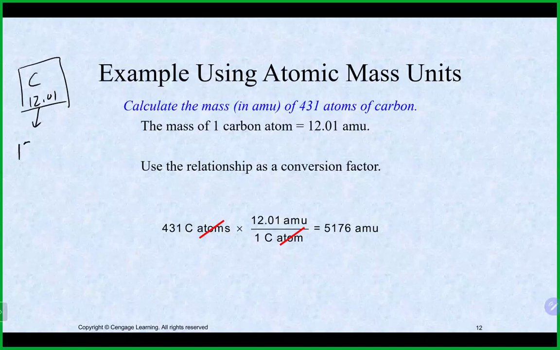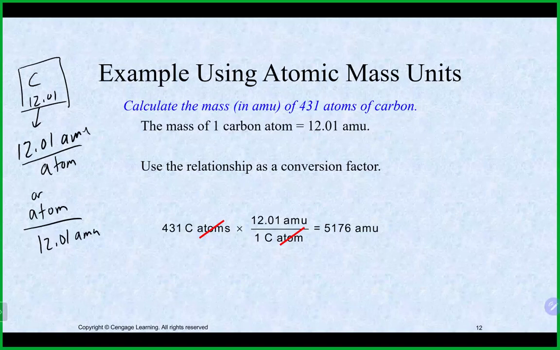And again, it means it has 12.01 AMU per atom. And because you can use it as a conversion factor and do a little dimensional analysis, you could flip it around just like any other conversion factor and use it in the opposite direction if you needed to. So in the case of this particular question, we're interested in how much the mass in AMU is of 431 atoms of carbon.